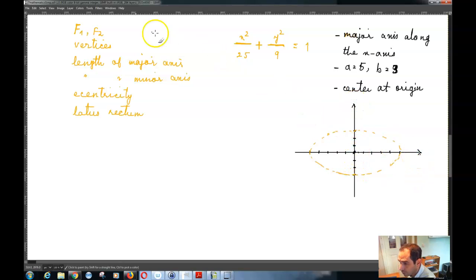Now, what you want to find is the coordinates of the foci.